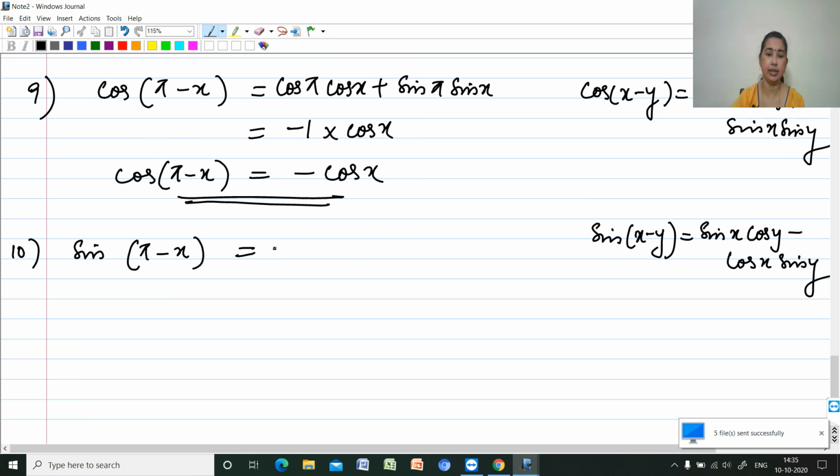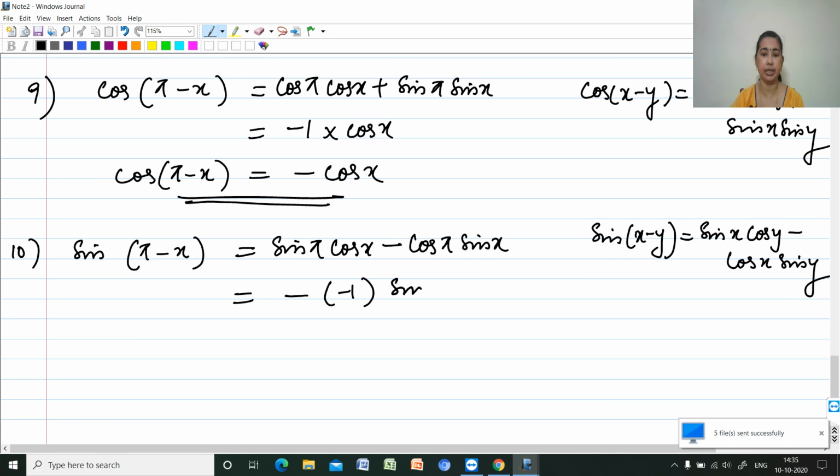Applying that identity, sin pi cos x minus cos pi sin x. And sin pi is 0, so the first term will be 0, then minus cos pi, which is minus 1, into sin x, and the answer is sin x. So, sin of pi minus x is equal to sin x.